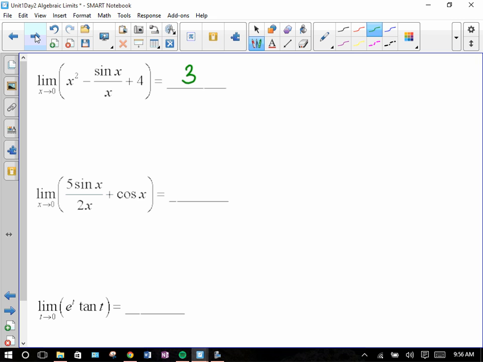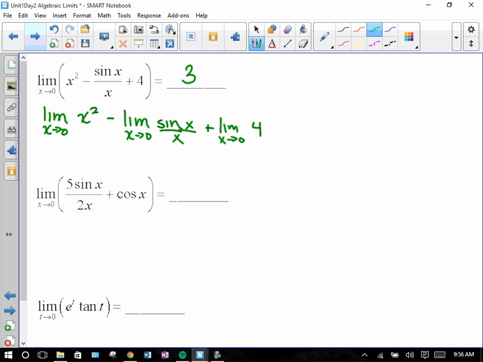So this allows me to write the limit as x approaches 0 of x squared, minus the limit as x approaches 0 of sin x over x, plus the limit as x approaches 0 of 4.